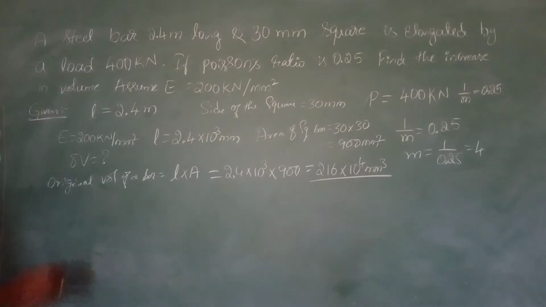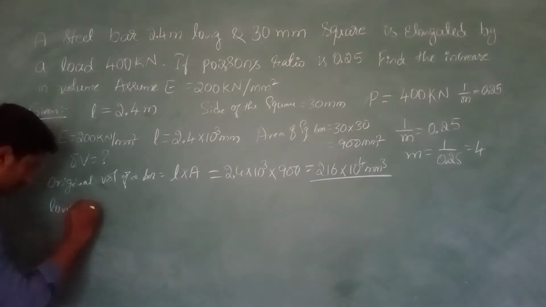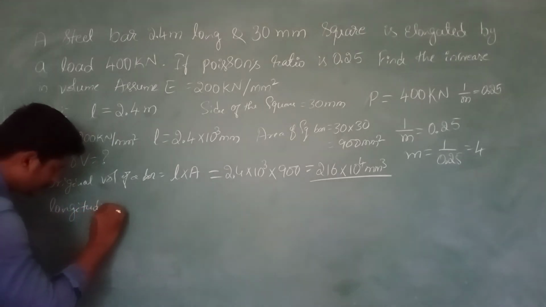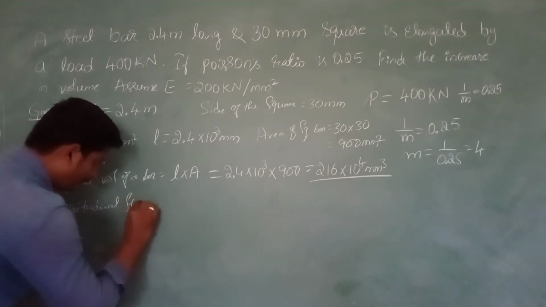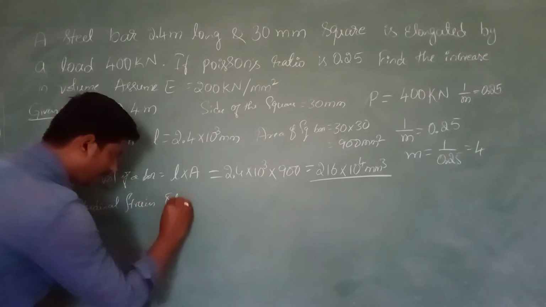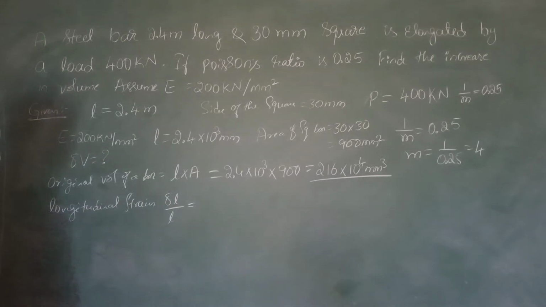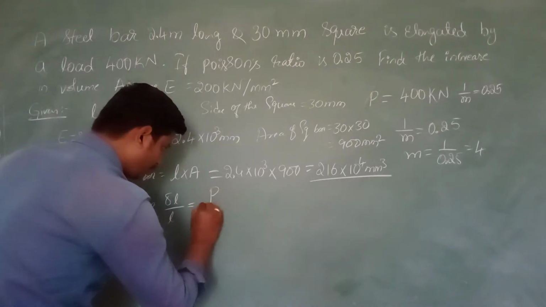Now we need the change in length. According to the longitudinal strain, we can find the value. Longitudinal strain is equal to delta L divided by L, which we can write as P by AE.